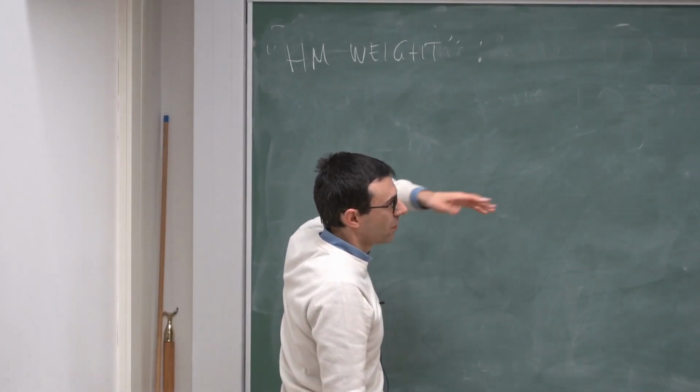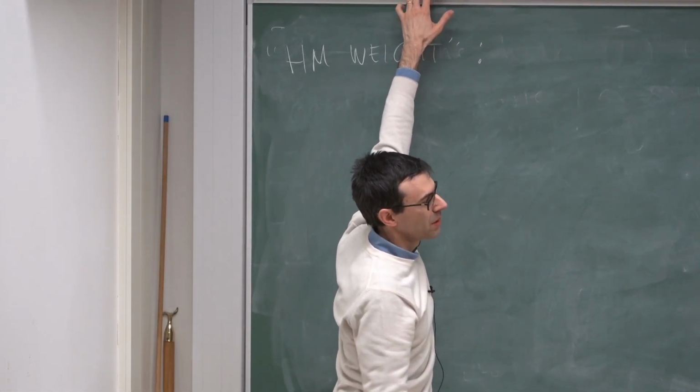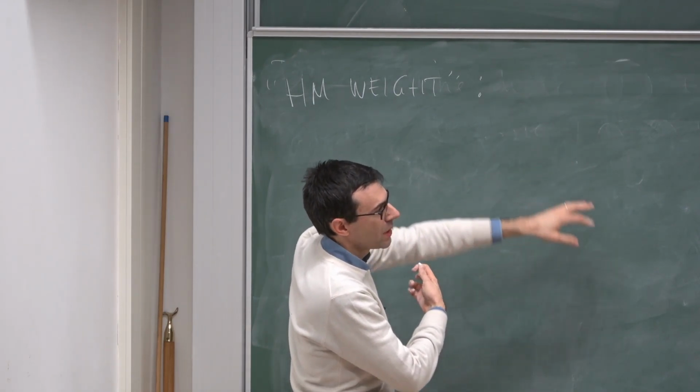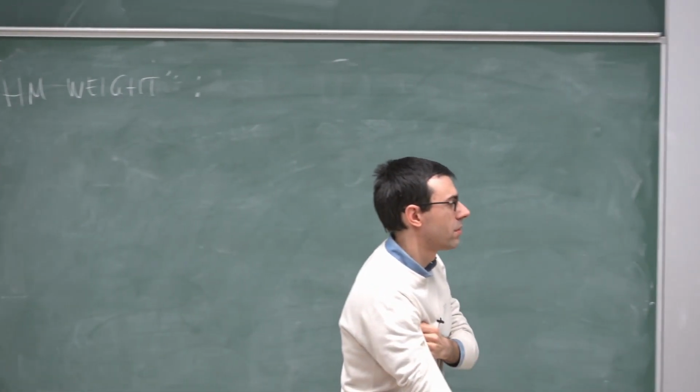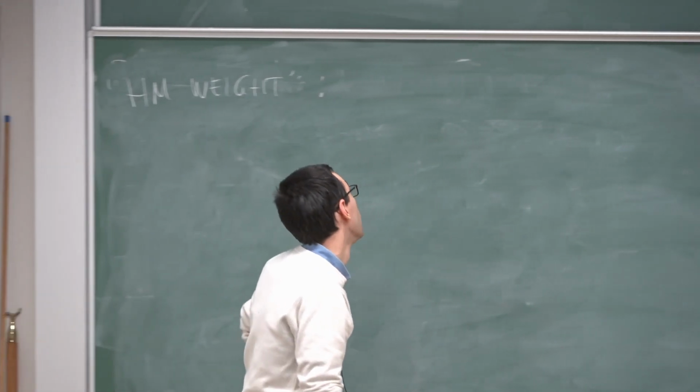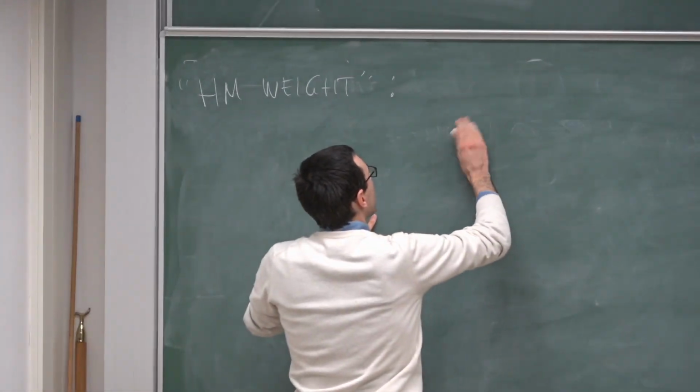This is worked out by various people working on this, and this way of presenting the Hilbert-Mumford weight is due to Wang and Odaka, is that you first compactify.